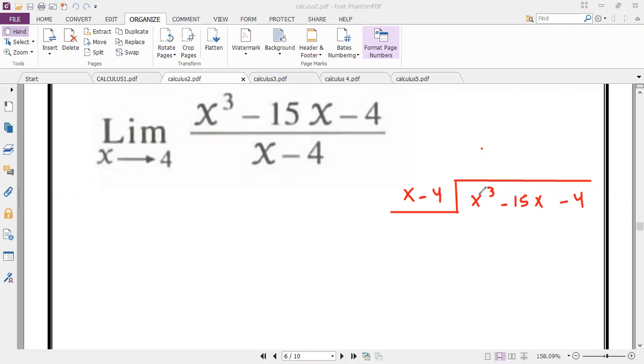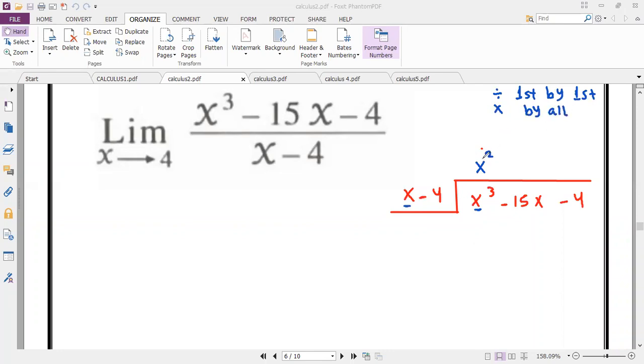And what are the steps of division? The first step is to divide. Divide what? Divide the first by the first. So x cubed divided by x is going to be x squared here. Then the second step is to multiply by all.